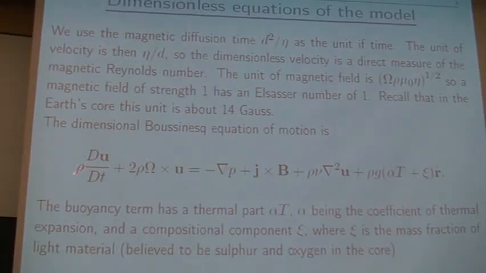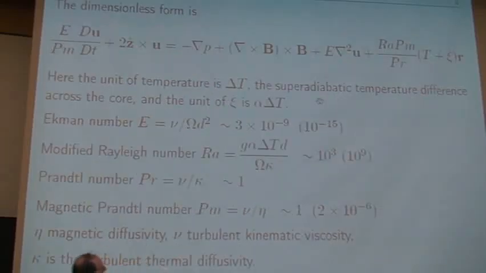So here we've got the equation, the dimensional equation. Remember that it's driven by the buoyancy forces, with compositional and thermal contributions, viscous forces, Lorentz forces, and this very important Coriolis term here.